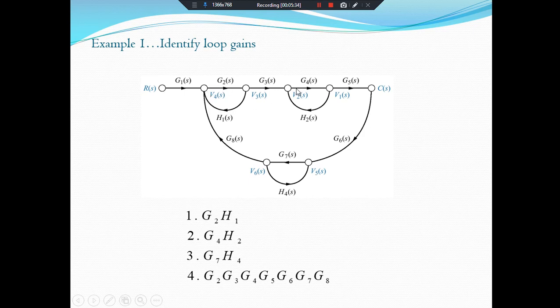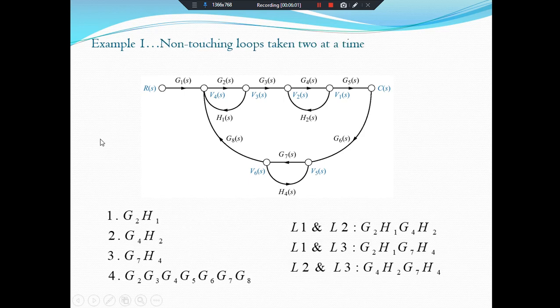The second one is G4 and H2, and the third loop gain is G7 H4. The last one is G2 G3, the biggest loop, G4 G5 G6 G7 and G8. This will be the fourth loop. There is no other loop except these four loops, so we have identified the loop gains.